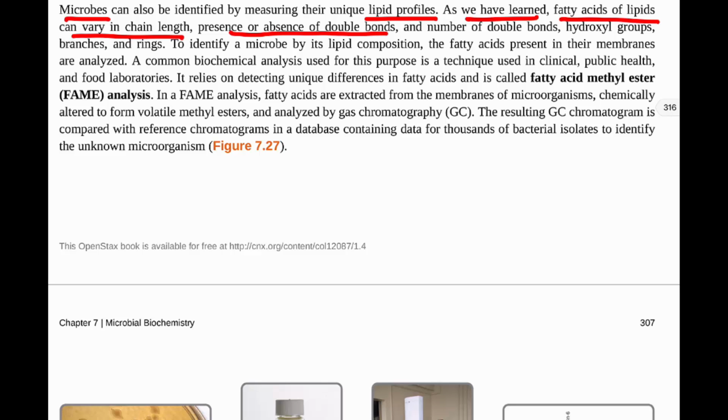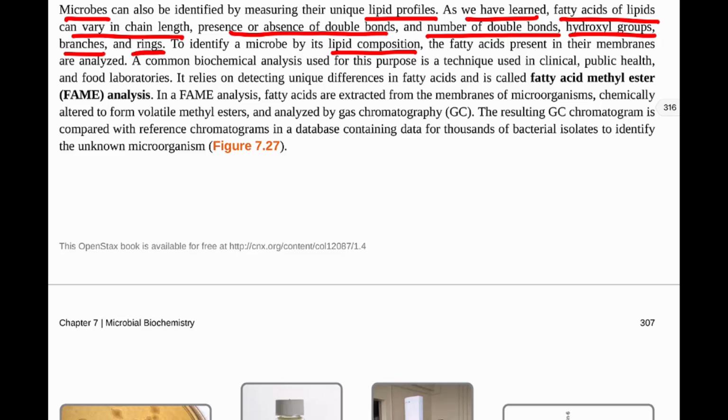Then it depends on the number of double bonds in these fatty acids, as well as the addition of hydroxyl groups, branches to the fatty acid, and rings to it. Also, cholesterol has rings and sterols have rings.